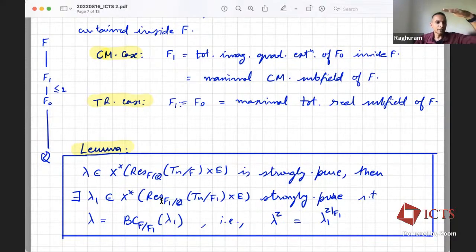I could say my weight descends to a weight over this field F1, which is canonically cut out by this totally imaginary F. Base change in the sense that there is this lambda 1, so that the tau component of lambda, where tau, remember, was my symbol for an embedding from F to E, is the tau restricted to F1 component of lambda 1.